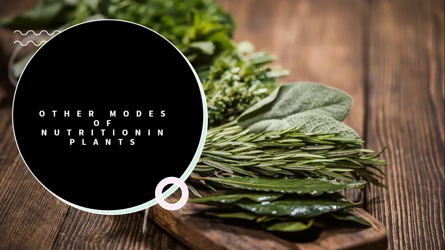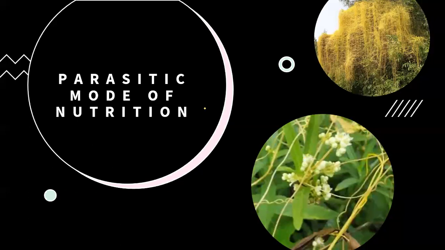We are going to look into the other modes of nutrition in plants, starting with the parasitic mode of nutrition. Here in this picture, as you can see, these yellow colored slender plants are the Cuscuta plant, also commonly called Amarbel.